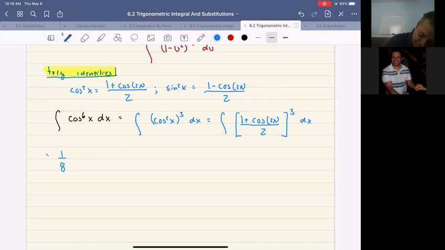So 1/8 the integral. Now, to do cubes, you may remember Pascal's triangle. I'm not going to really go over it, I'm just using it.